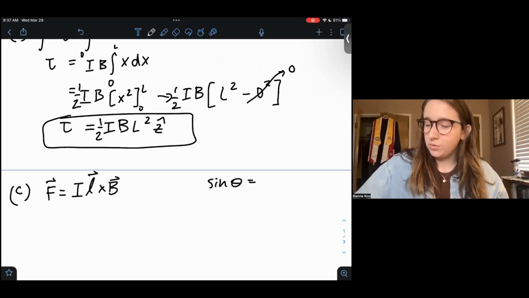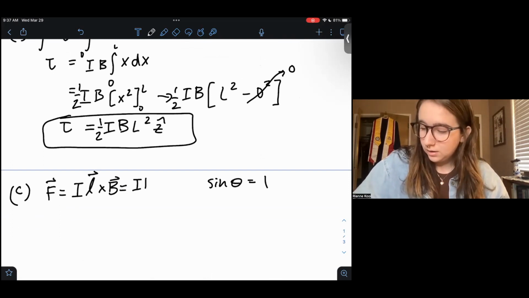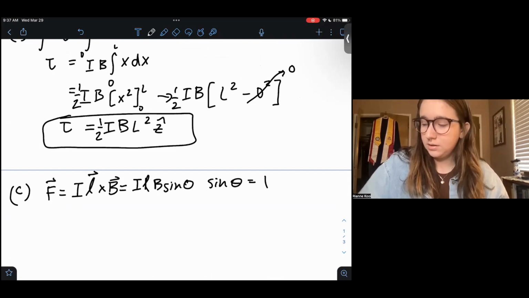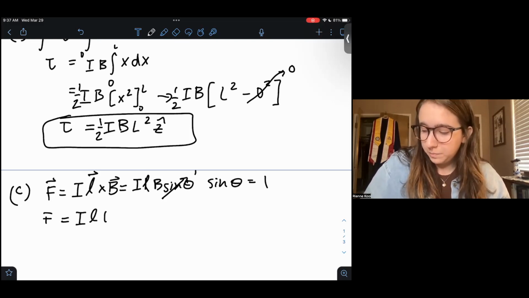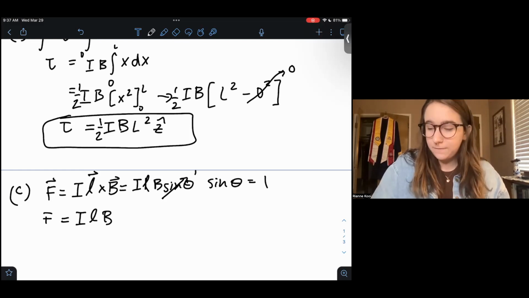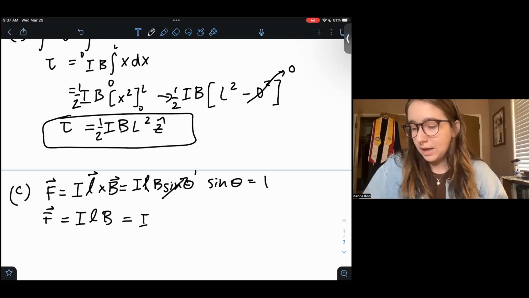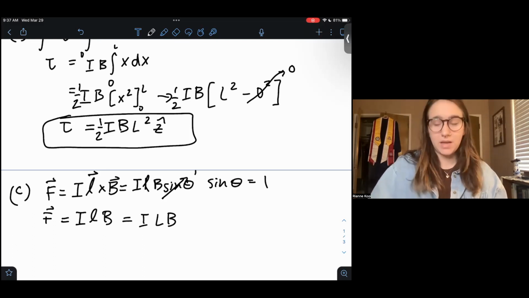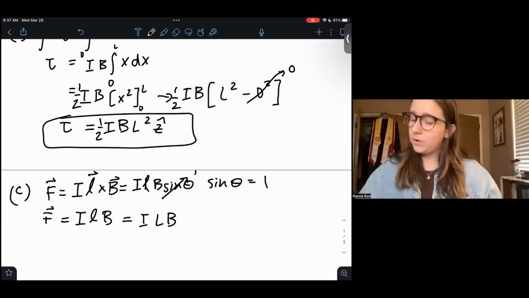So sine of theta equals 1 in this case. If we wrote ILB sine theta, this goes to 1. So we're left with F equals ILB. If we want the total force that this magnetic field is giving us, it would just be I capital L B, because that's the total length of our vector. So that's our force.